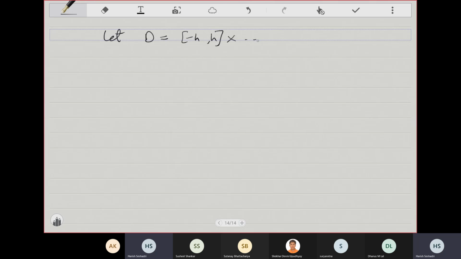So let's take D equal to the K cell in Rk, the product of intervals from minus 1.